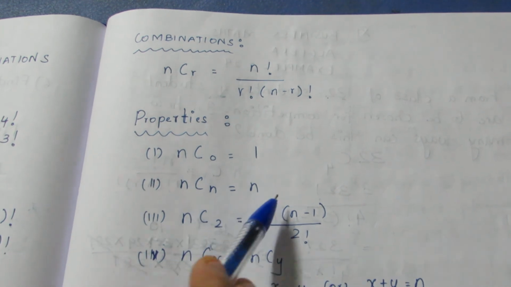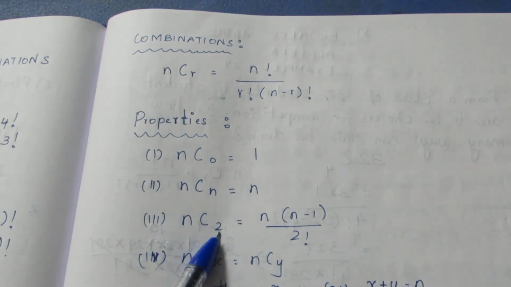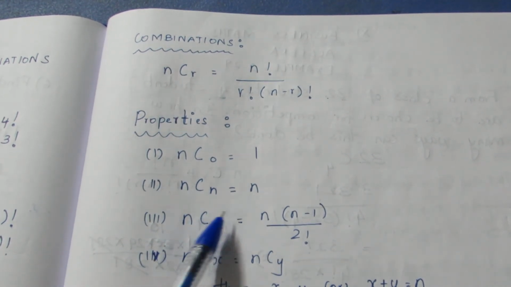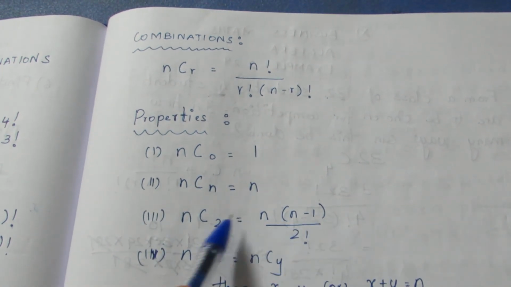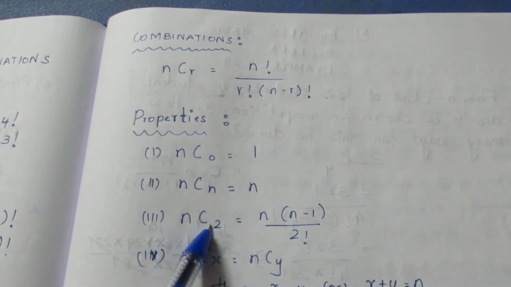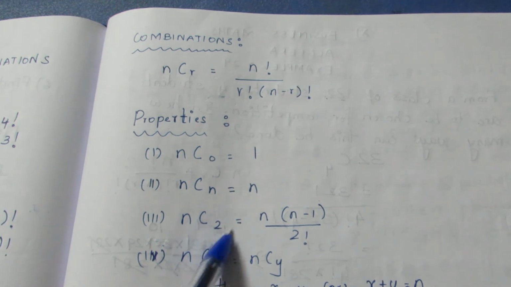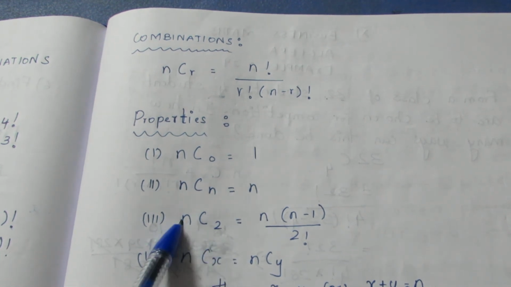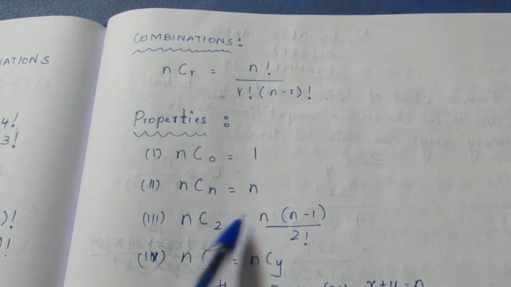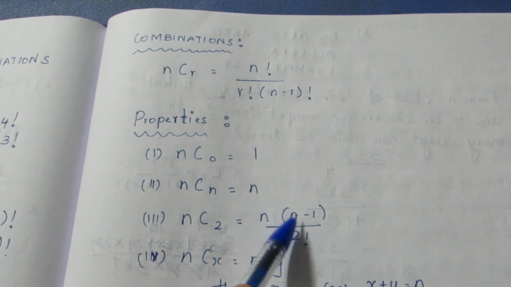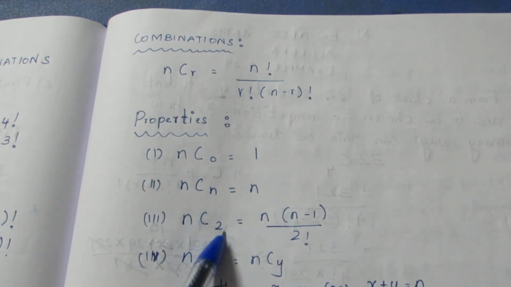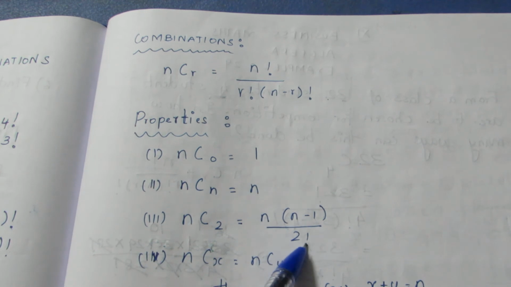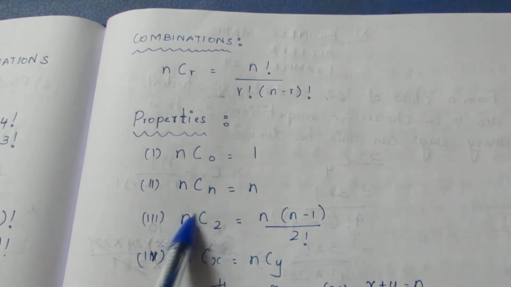So remember that nC2 is equal to n into n minus 1 by 2 factorial. We can also write it in this way. If there are two elements in the r value, we can write the descending values of n, n into n minus 1, and only 2 you can write by the r factorial, by the 2 factorial. This is an easy method when the numbers are very large.